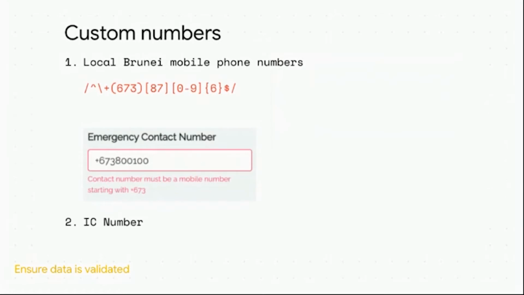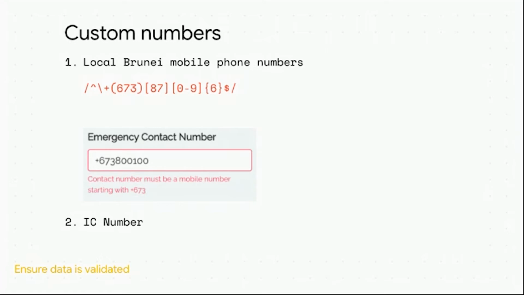Okay, so back to the use of regular expressions. In this case, we have our phone number field. So for this option, that string of text here just says that whatever input is coming in here has to match the format where it starts with +673, followed by either 8 or 7, and 6 other digits to follow.